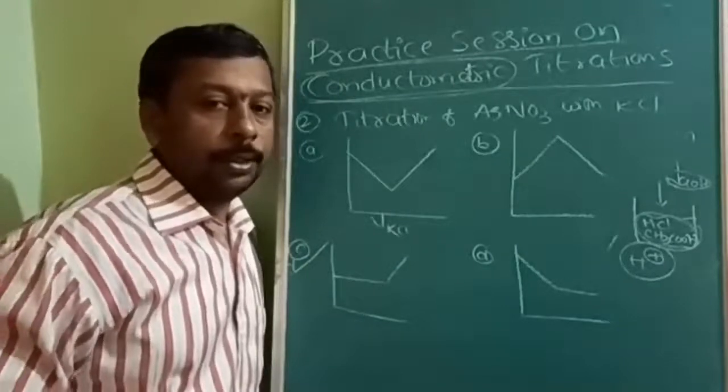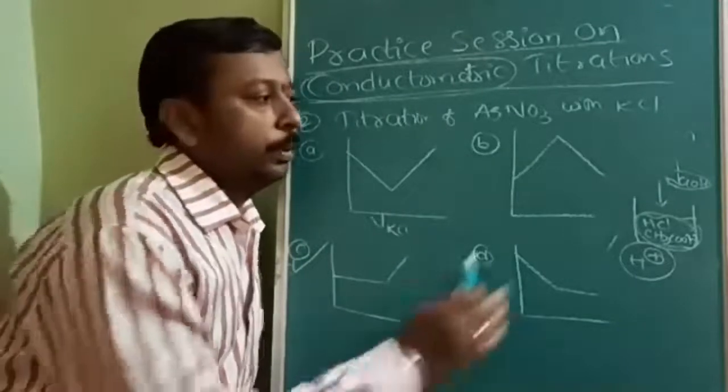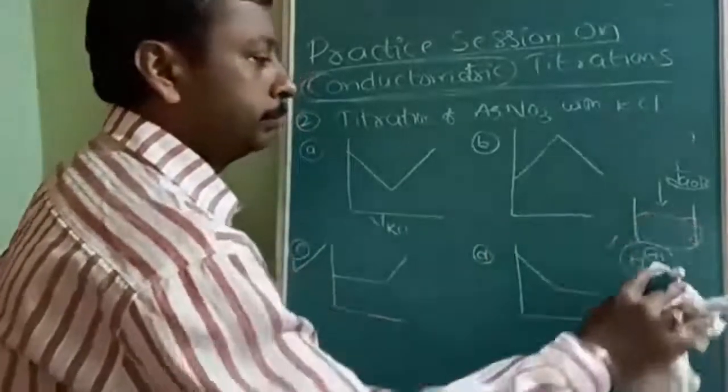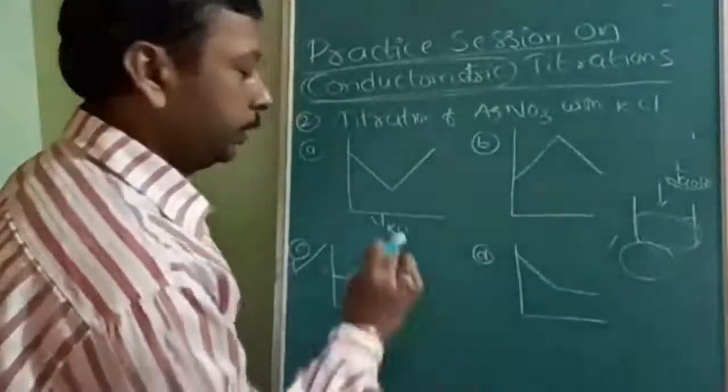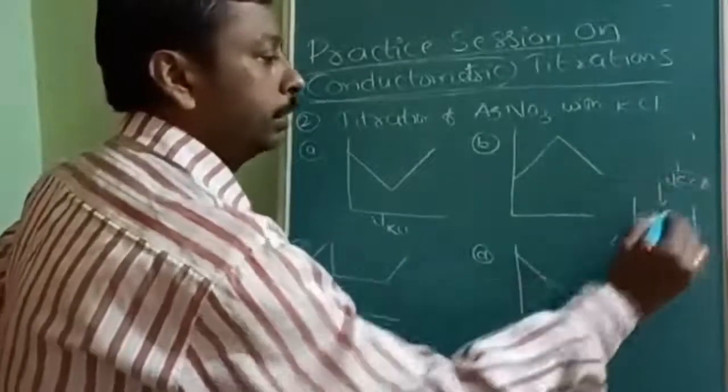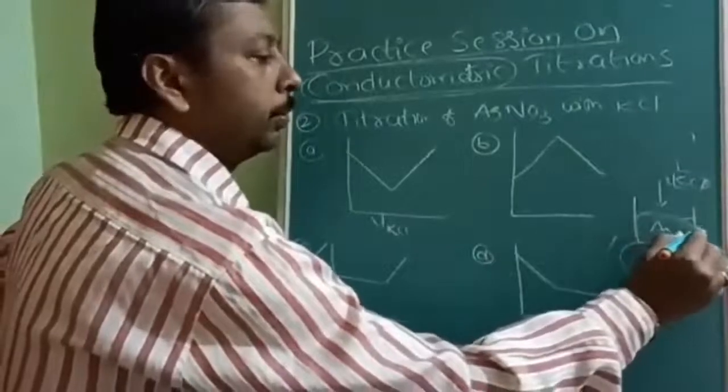Okay. So here first, in this container, what we have to do? We have to take KCl here. Volume of KCl, this will be KCl and this will be AgNO3.